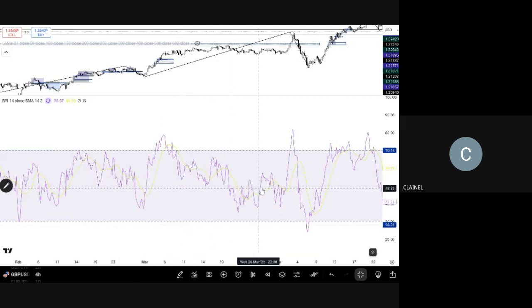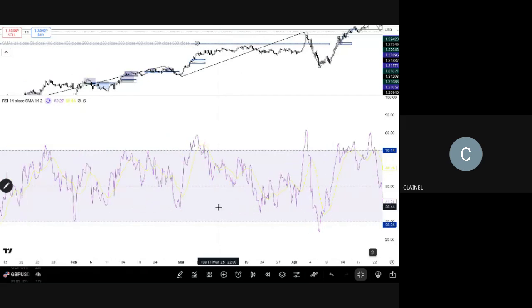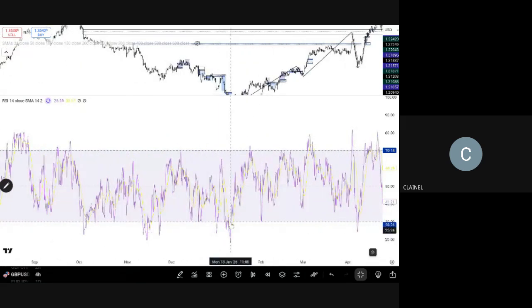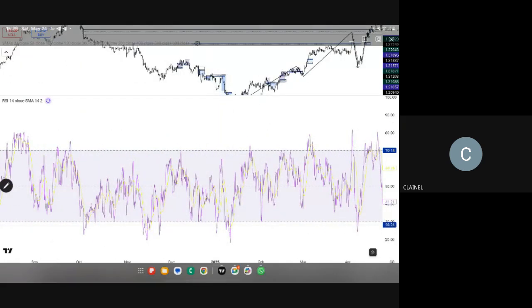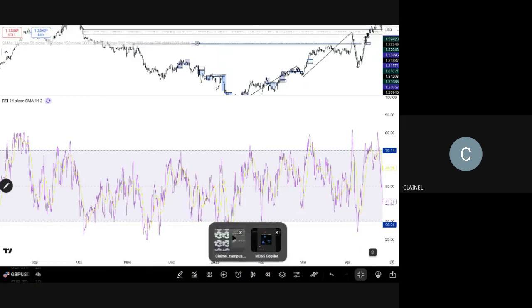We're going to dive into more of that, but I just wanted to identify this range for you. You're looking for sales or price retracements when price is overbought, and you're looking for price retracements for buys when price is oversold.